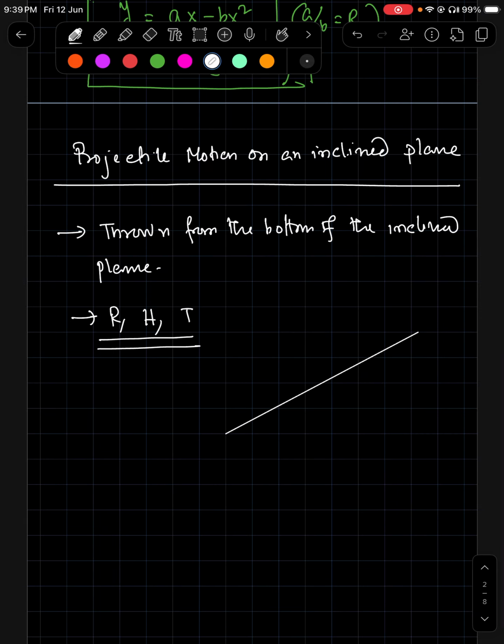So this is the inclined plane, and this is the angle of inclination, theta. So suppose this is the motion of the projectile. This is the trajectory of the projectile on the inclined plane.